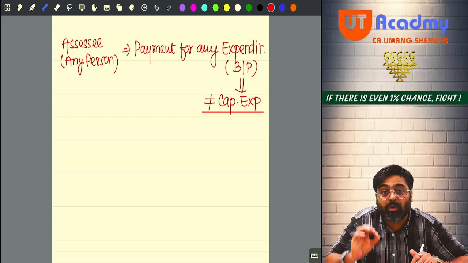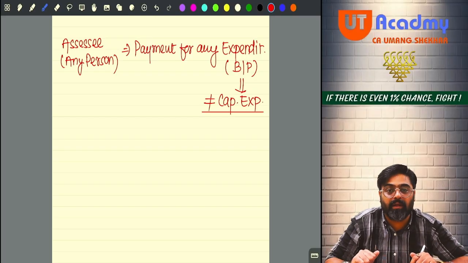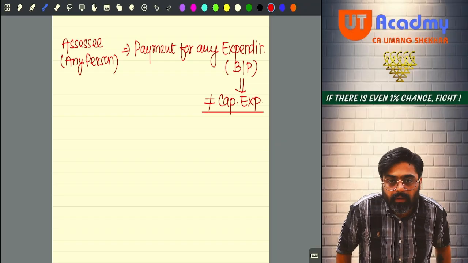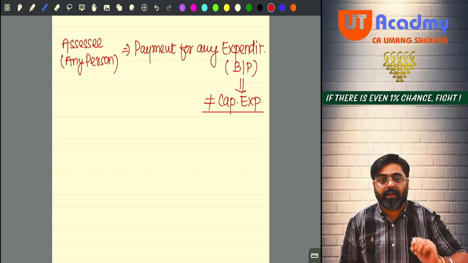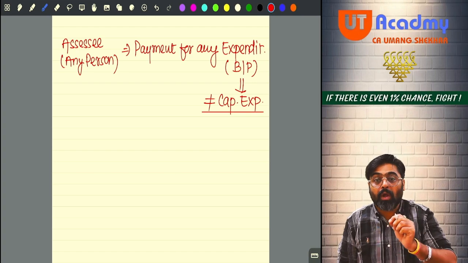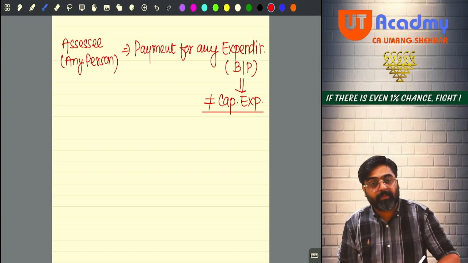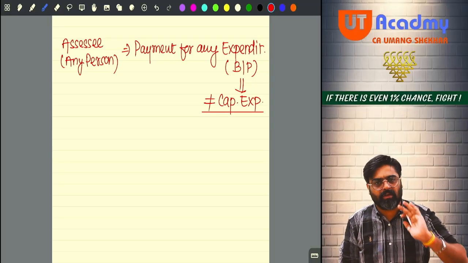So which type of expenditure are we covering here? Any expenditure for your business or profession, not in the nature of capital expenditure. So other than capital expenditure, any expenditure for your business or profession.